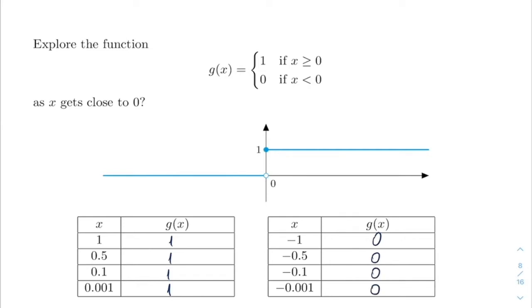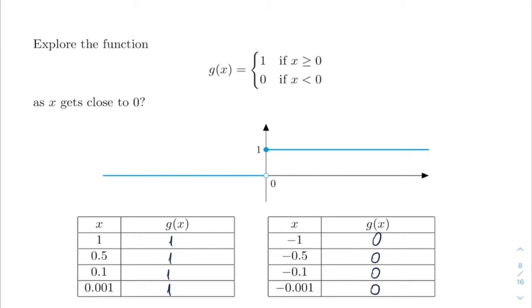So notice that when I approach 0 with values that are greater than 0, the function is getting closer and closer to 1. But if I do the same thing now with values that are less than 0, my function is getting closer and closer to 0.